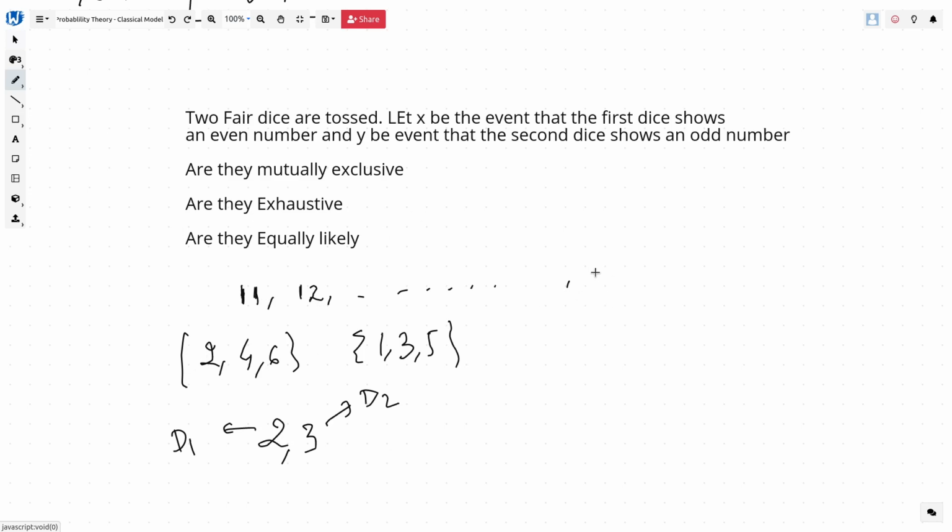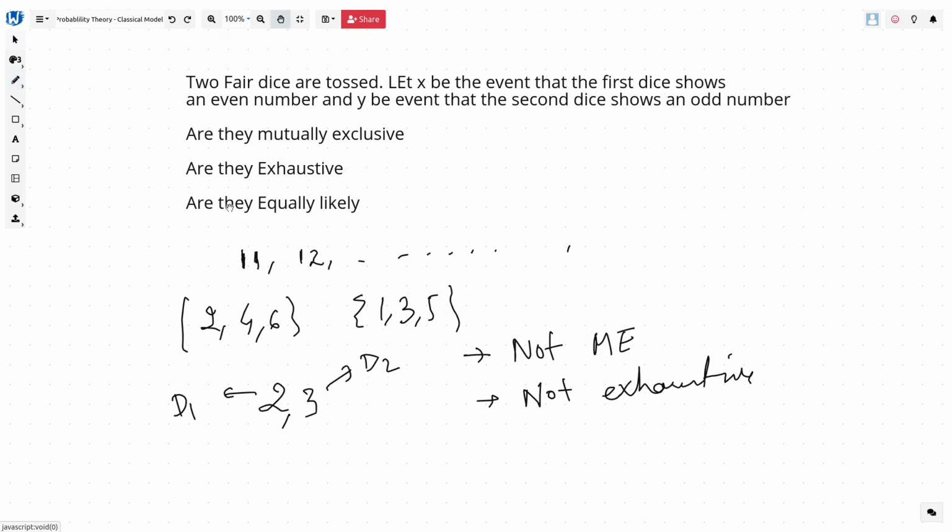If you find all the possible combinations, you will see that it is not exhaustive. So they are not exhaustive. But are they equally likely? Yes, because there are three possibilities here and three possibilities there.